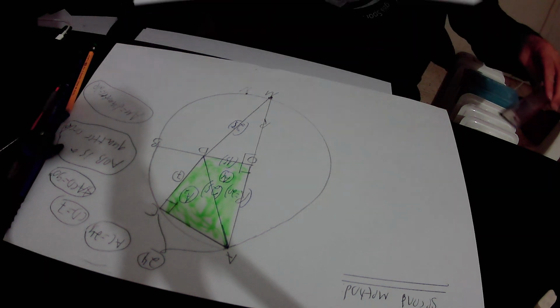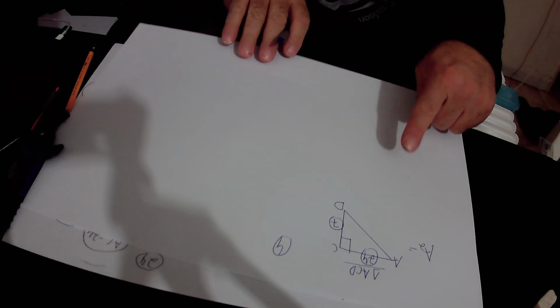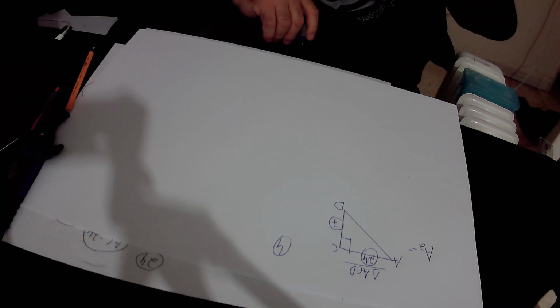Again, A2 is the area of this right triangle ACD.